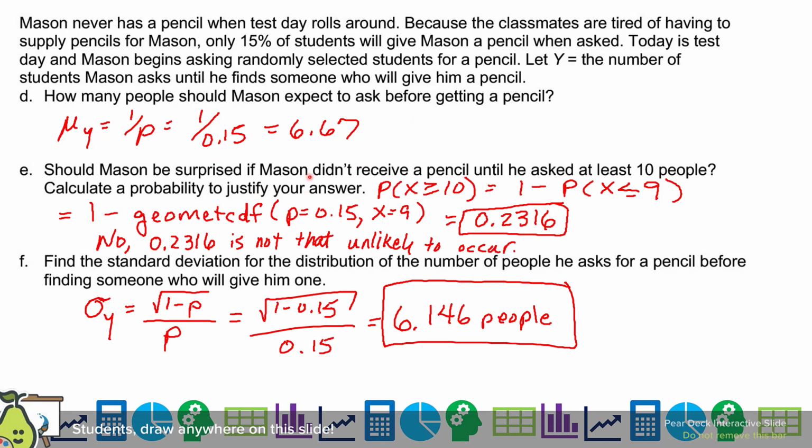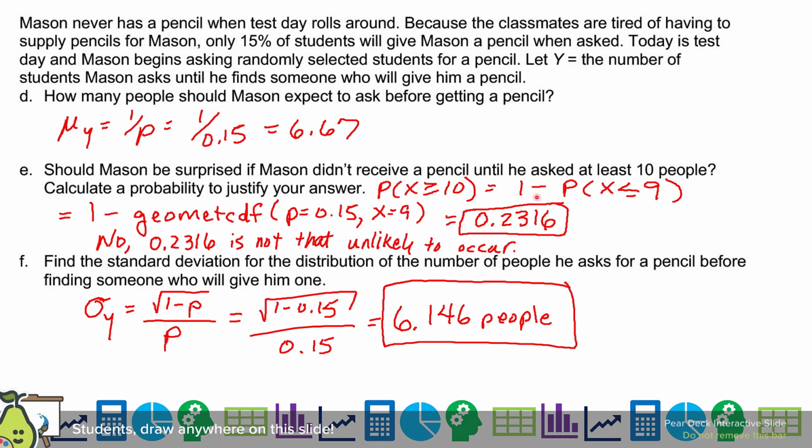Should Mason be surprised if he didn't receive a pencil until he asked at least 10 people? So that means, what is the probability that his first success is on the 10th or later? In other words, the first 9 people refuse him.